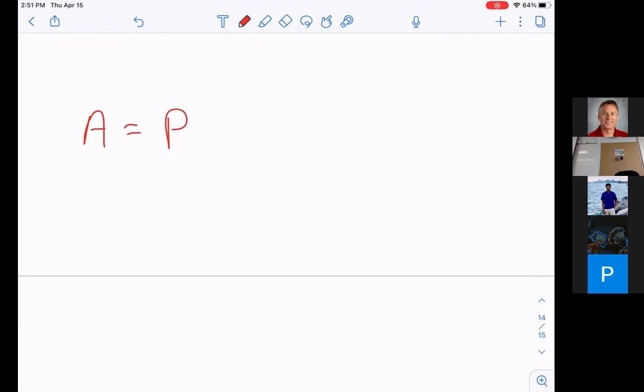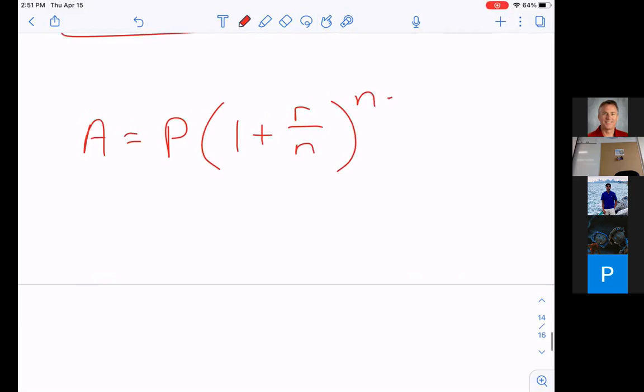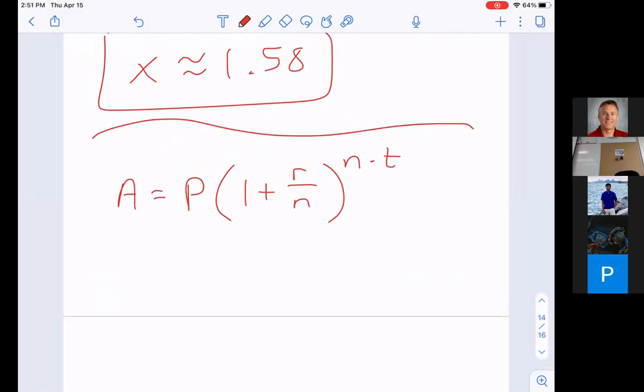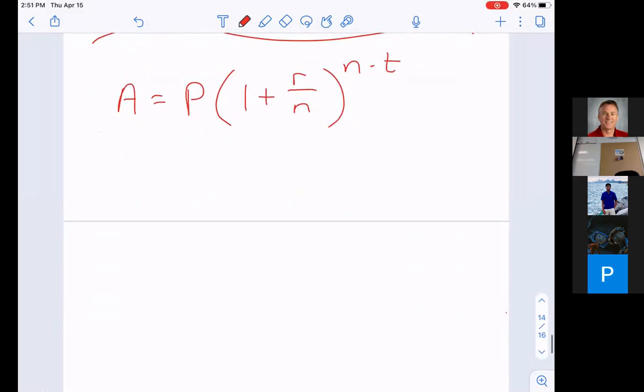So if you don't want to, it's A equals P times 1 plus R over N, all raised to the power N times T. And this is usually used for money, finding out how much money we have in a certain account.